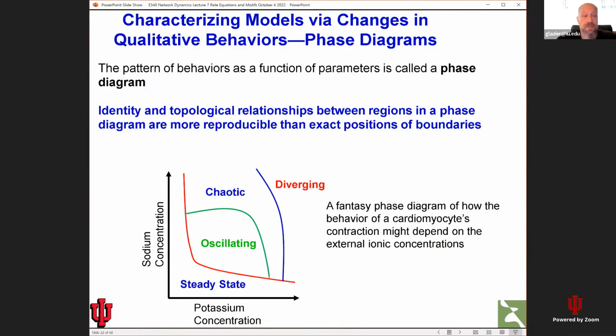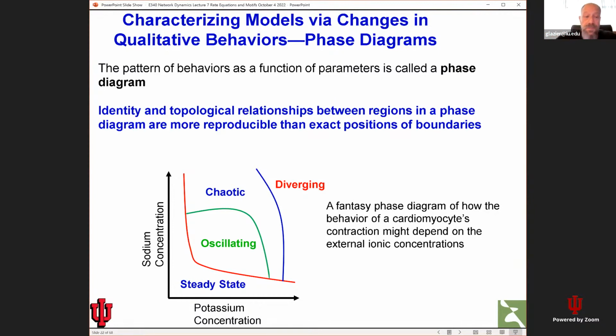So for example, here, imagine I've got a neuron, and I have the potassium concentration on the x-axis and the sodium concentration on the y-axis. And I say that if the potassium and sodium are both low, or potassium is low by itself, or sodium is low by itself, we get a steady state, or system equilibrium. For some intermediate amount of sodium and potassium, we get periodic oscillation.